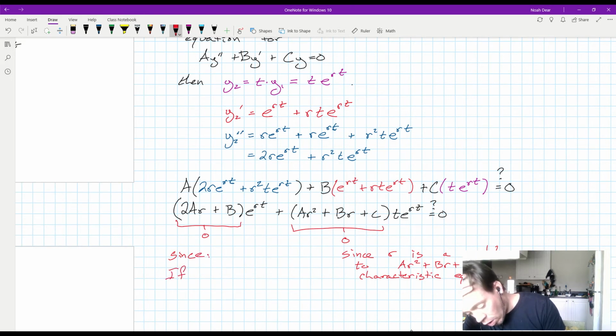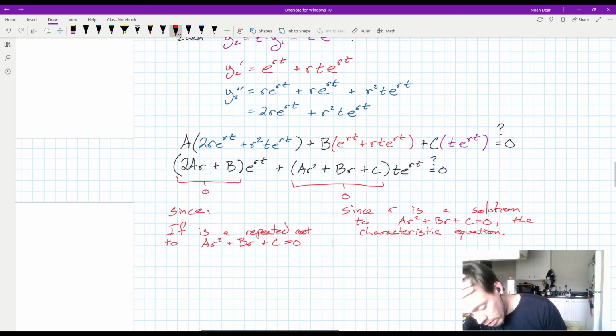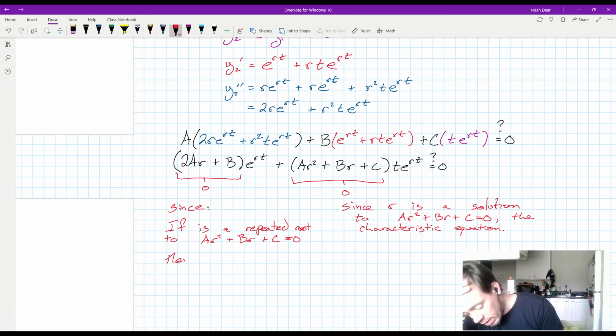If r is a repeated root to a r squared plus b r plus c equals 0, then this only occurs when r equals negative b over 2a.